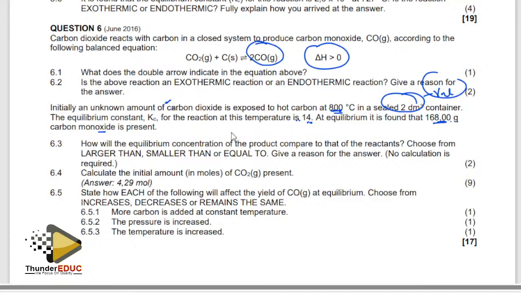Then they are saying, how will the equilibrium concentration of product compare to that of the reactant? What are you supposed to choose? Choose larger than, smaller than, or equal to. So what are you supposed to talk about here?